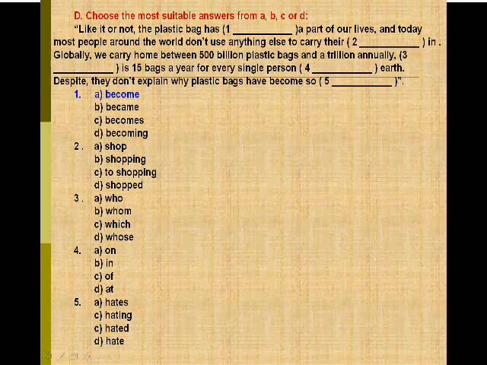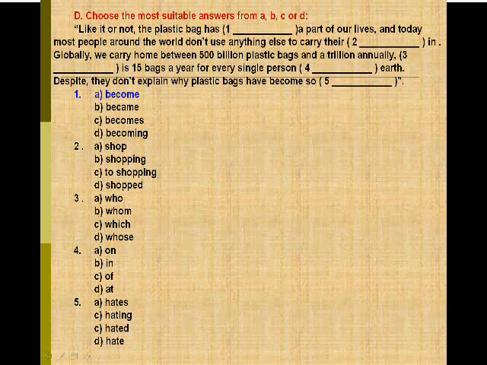So here we have number 2. The space has number 2. I'll go for number 2 here and choose, is it A, shop, B, shopping, C, to shopping, D, shopped. So to carry their in.